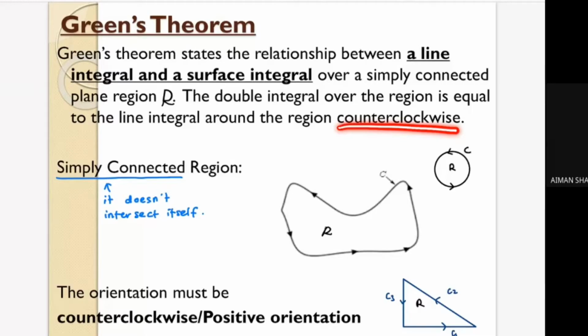Counterclockwise means positive orientation. You can see the arrow is pointed counterclockwise.